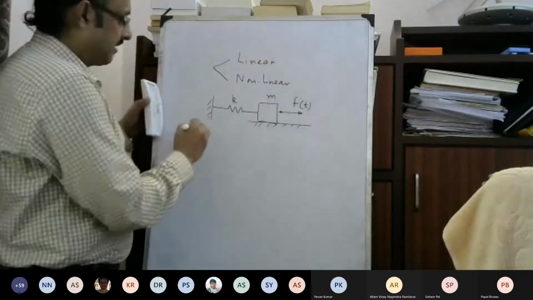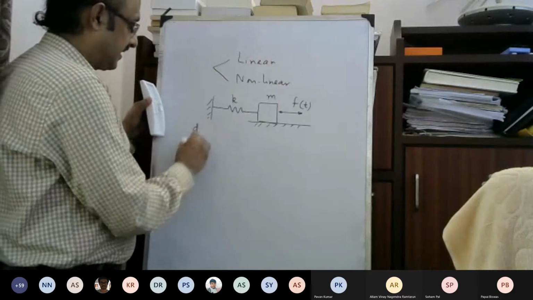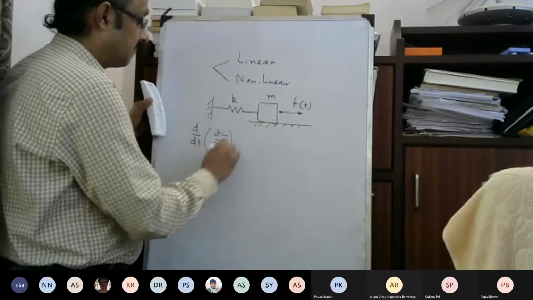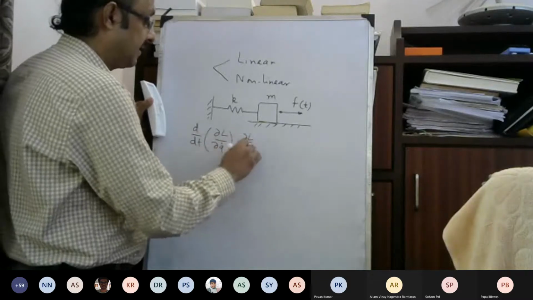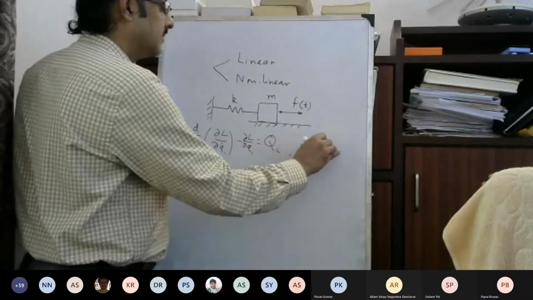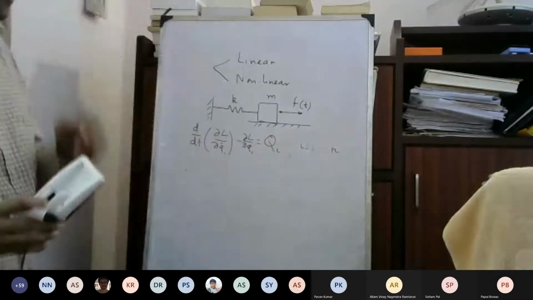Now with this, for the equation of motion, we have to consider the very general equation: d/dt of del L del q_i dot minus del L del q_i equal to capital Q_i, where i equal to 1 to n, the number of degrees of freedom of the system.